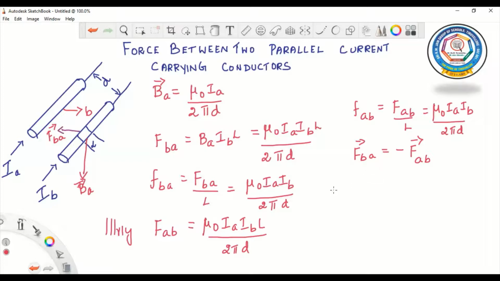Now, with the help of this expression, we can define 1 ampere. We are going to consider the force per unit length, mu naught IA IB divided by 2 pi d, in newton per meter.